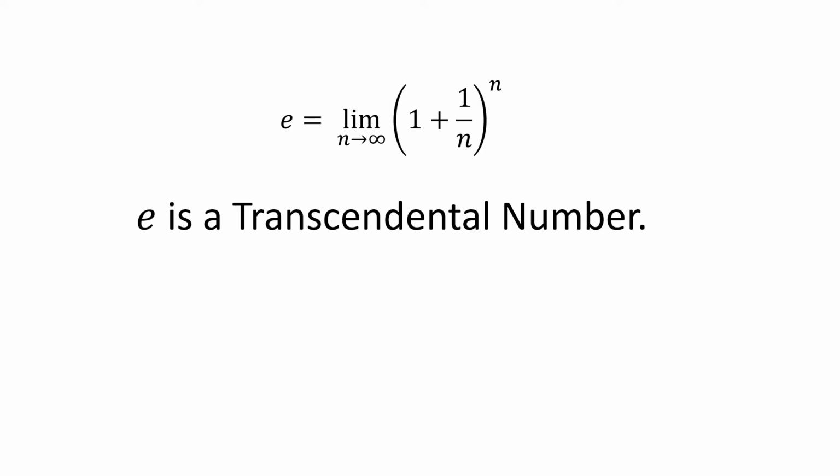So we also have this math number e, which is in fact limit n tending to infinity of 1 plus 1 by n whole raised to n, which we have used quite often in calculus. And this e is also a transcendental number which lies between 2 and 3.